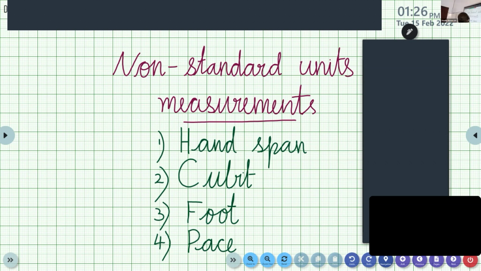SPAN. Okay, now cubit. CUBIT. Okay. Now third one, foot. FOOT. Okay, good.